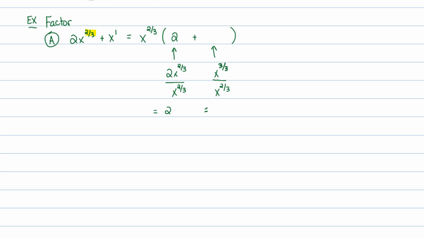It has more power by 1/3. So that's x to the 1/3. Now, I use that language, who wins and by how much, but your instructor might say, listen, just use one of the laws of exponents, which is take the top exponent and subtract off the bottom exponent. That's fine too. You get the same answer. But here we have it. So this is the factored version of 2x to the 2/3 plus x. It is going to be x to the 2/3 times the quantity 2 plus x to the 1/3.